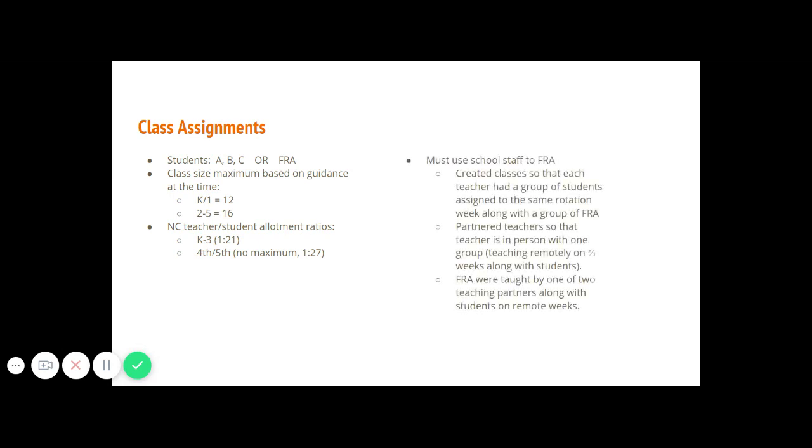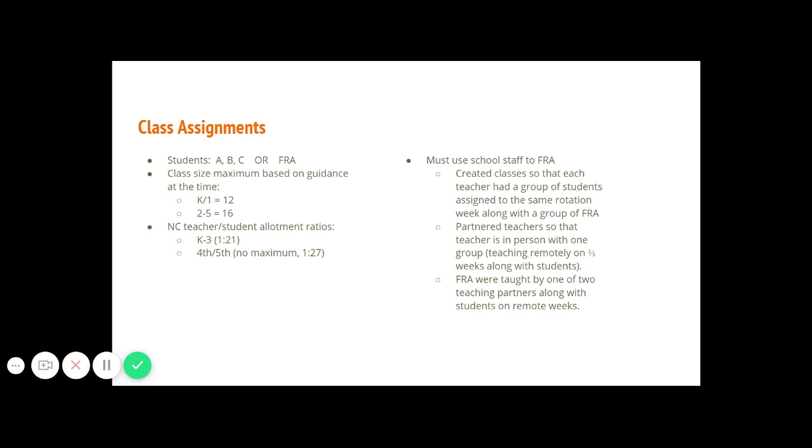In order to accommodate that and also to ensure that our full remote academy students were able to be assigned to teachers at our school, we created our classes so that each teacher had a group of students who were assigned to one rotation week, along with a group of full remote academy students.